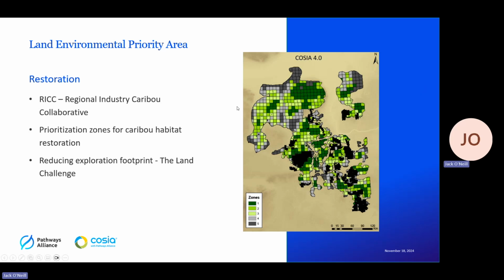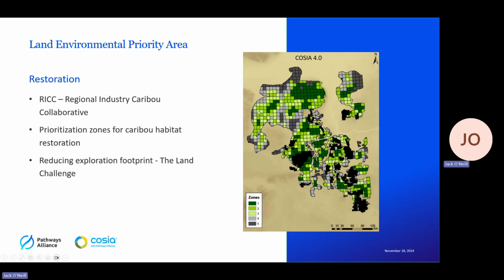Restoration, one of the COSIA JIPs is the Regional Industry Caribou Collaborative, where a bunch of COSIA members and some other external parties are collaborating for caribou conservation. Doing studies, creating knowledge to assist in caribou conservation.